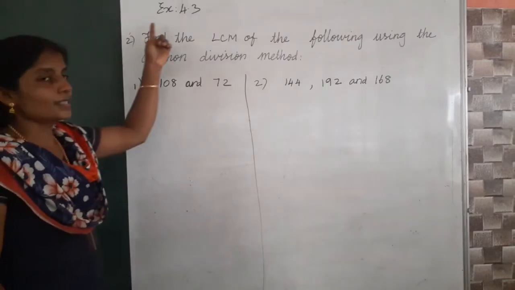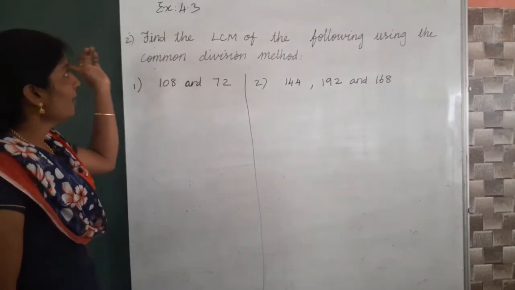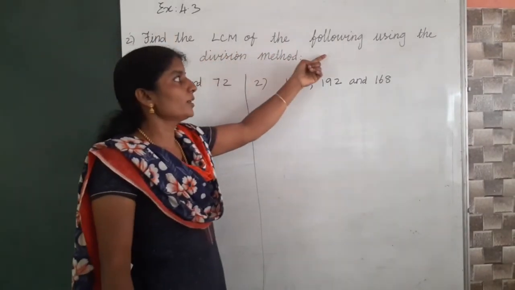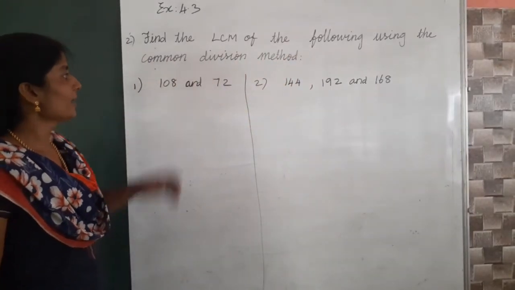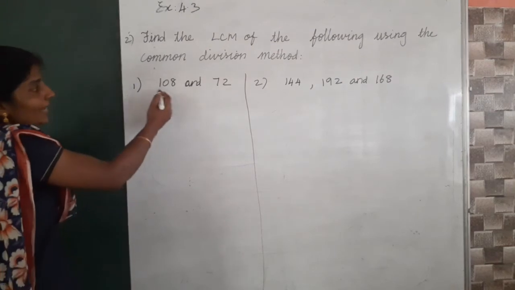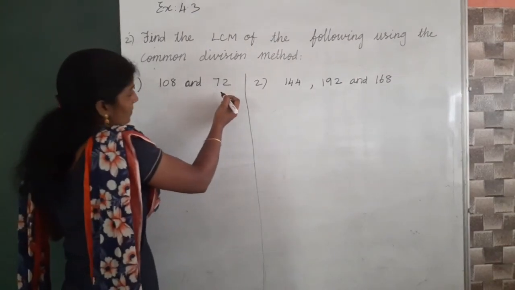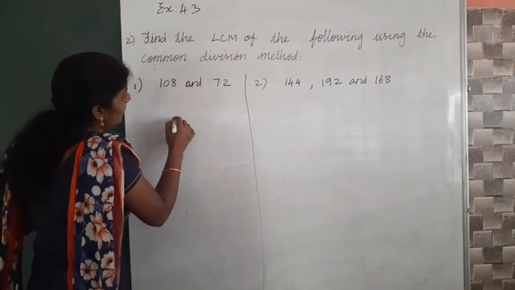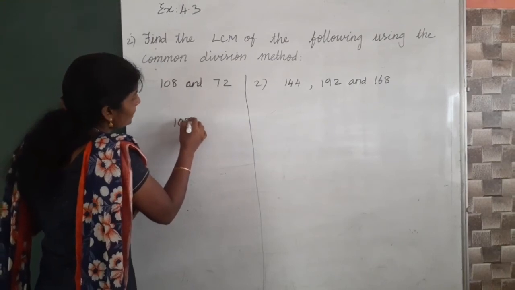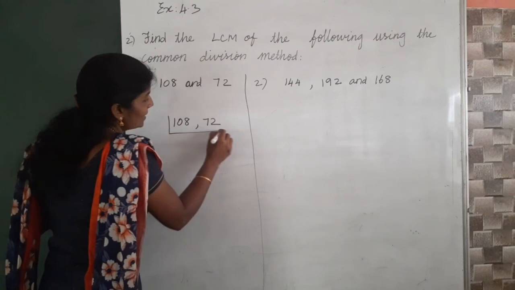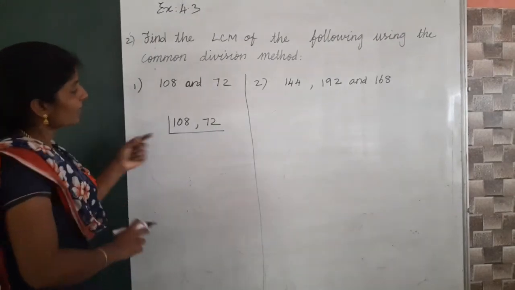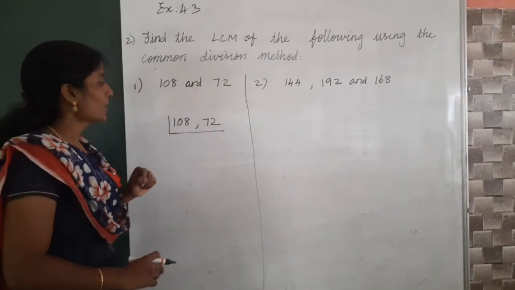Okay. Exercise 4.3. Find the LCM of the following using the common division method. Okay. Question number 1. 108 and 72. Okay. Now we can write 108, 72. Arrange the numbers with comma. Okay.